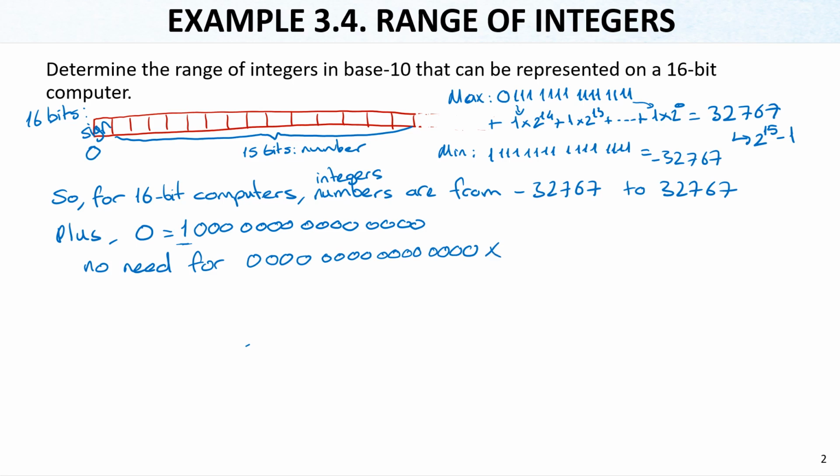We just need this and these values. Because 0 is defined with the negative sign, the range becomes from minus 32768 to 32767, as we increase the negative side by 1 only because we added 0.